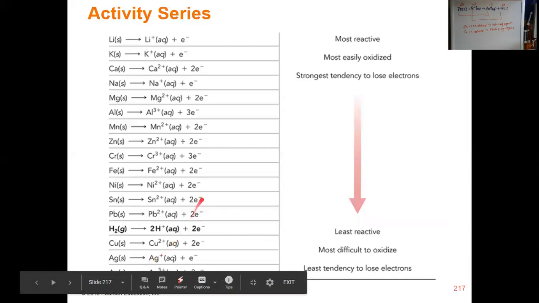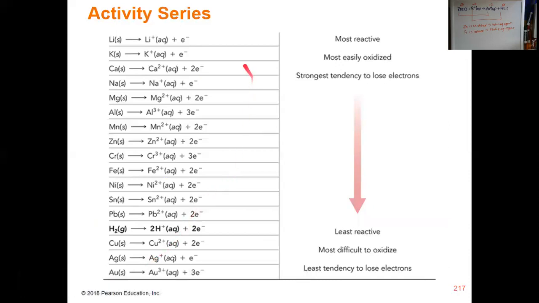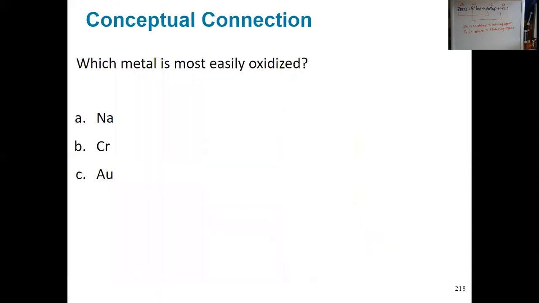Okay, you should be able to look at an activity series and figure out from that series what is more reactive than something else. But you don't have to memorize the order of the series, okay? But you should be able to look at something like this and figure out the answer.